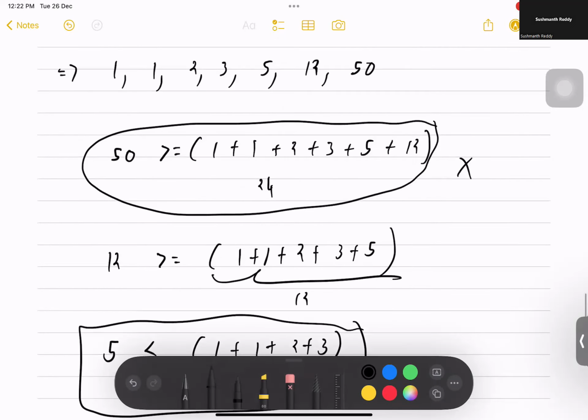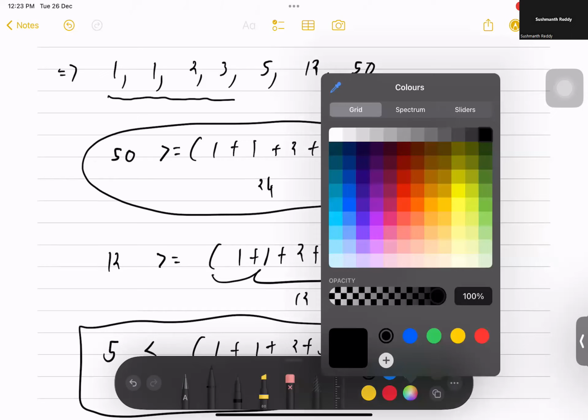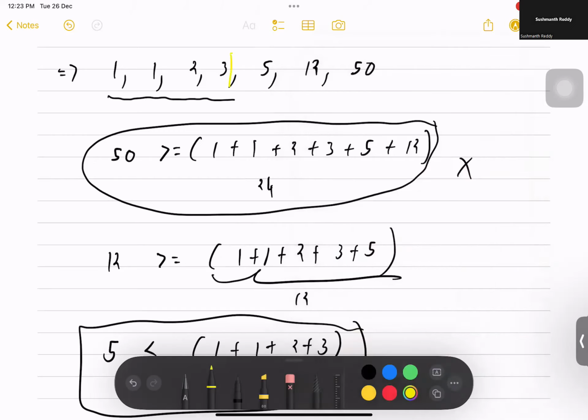Instead of recalculating the sum for each fixed line segment, we can maintain the prefix value, or we can just maintain a variable. We can maintain the total sum variable, and as we are moving from right to left, we can reduce the current value's contribution. So at the end, we'll be left with this part when our i is over here. So that way also we can implement.